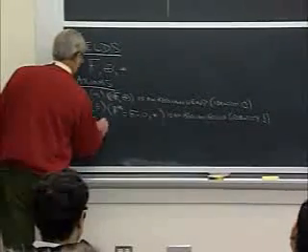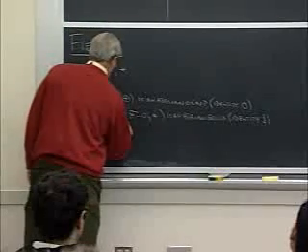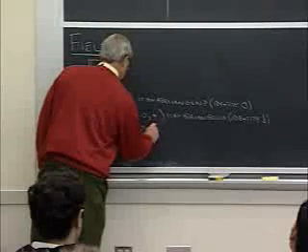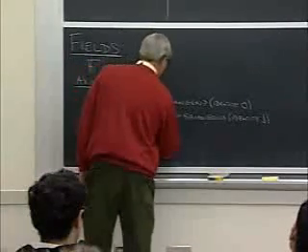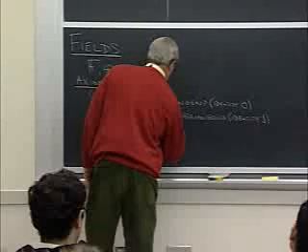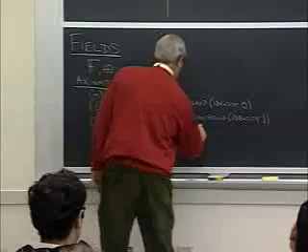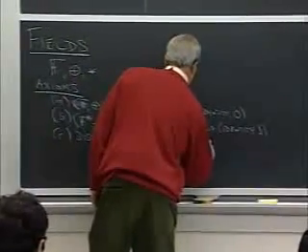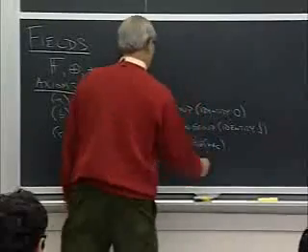And then we have something about how the operations distribute, the usual distributive law that A times B plus C is equal to A times B plus A times C, where I've written out all of the parentheses.